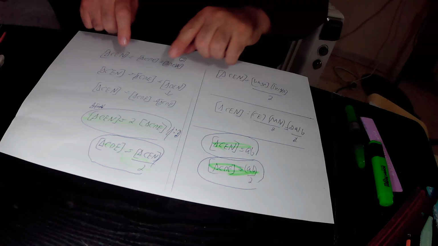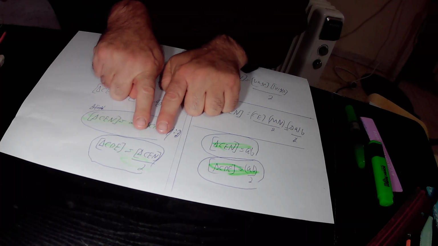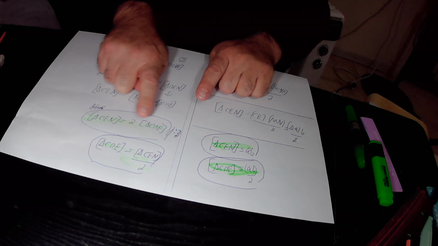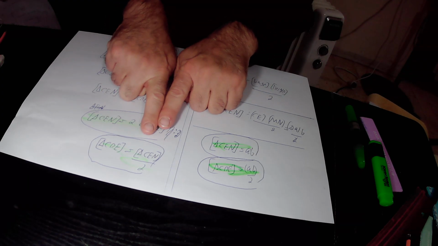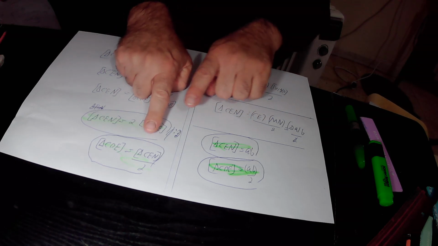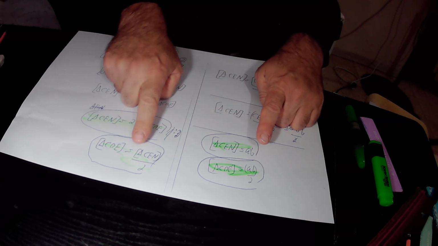We already found out that the area of the green triangle COE equals the area of the big triangle CEN over 2. The area of the big triangle CEN equals AB. So we substitute the area of the big triangle CEN by AB, over 2.